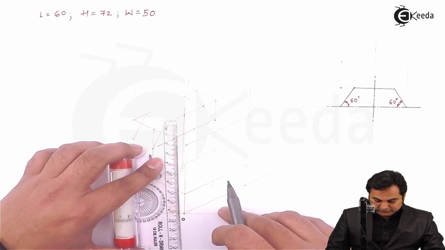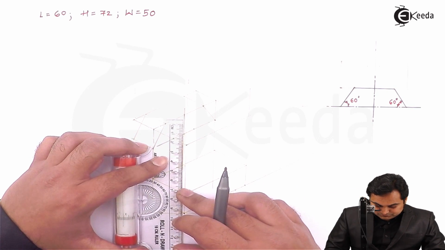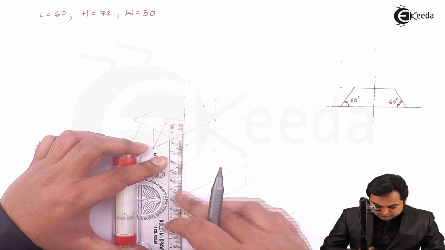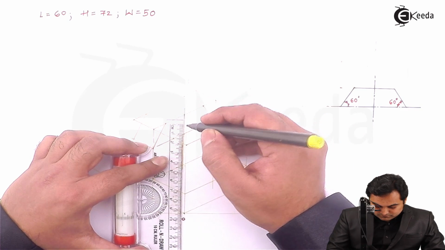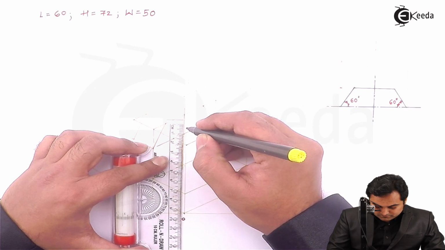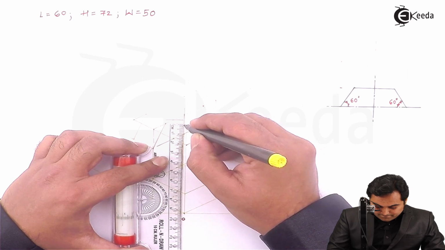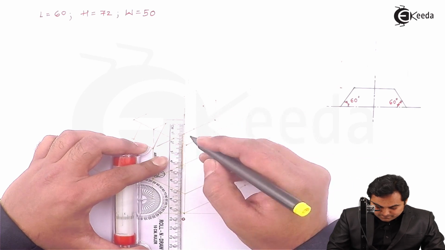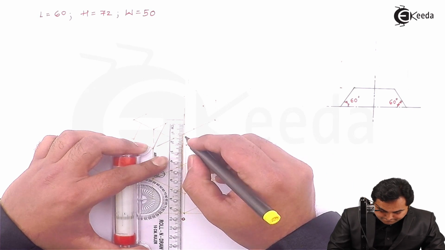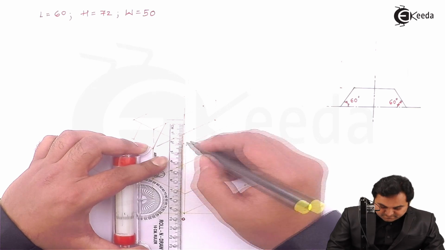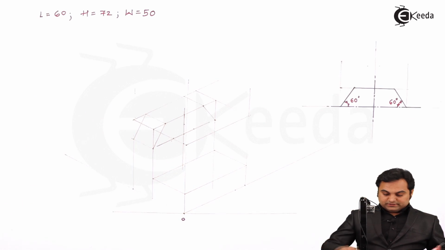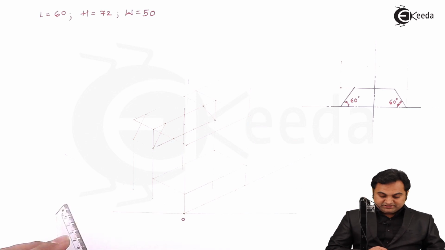Similarly, onto the vertical line, measuring 20 mm, that is taking 10 on both sides.